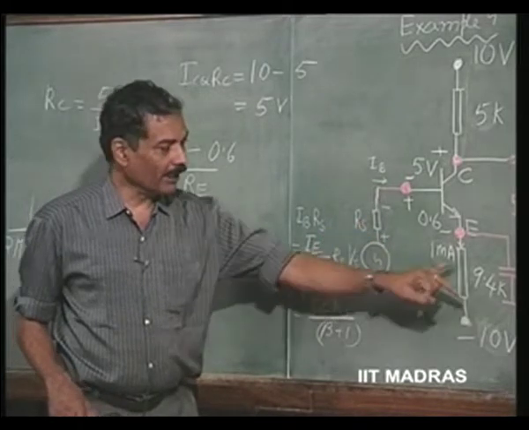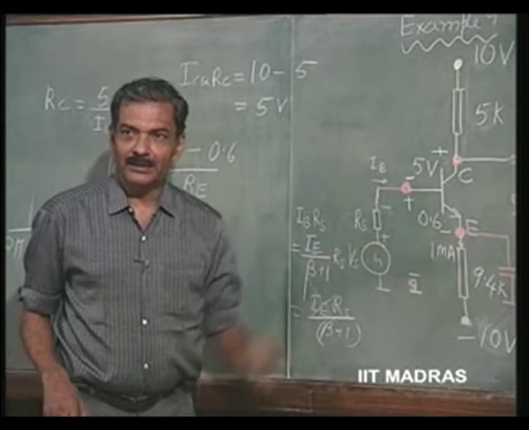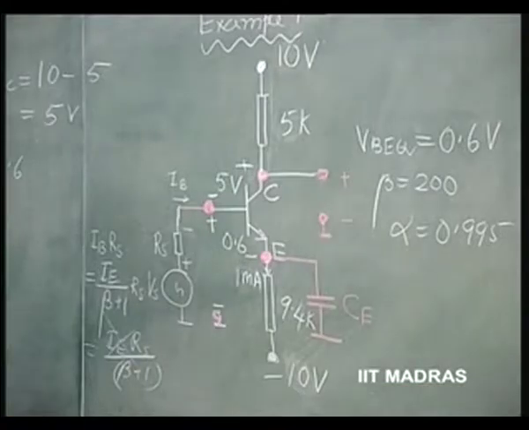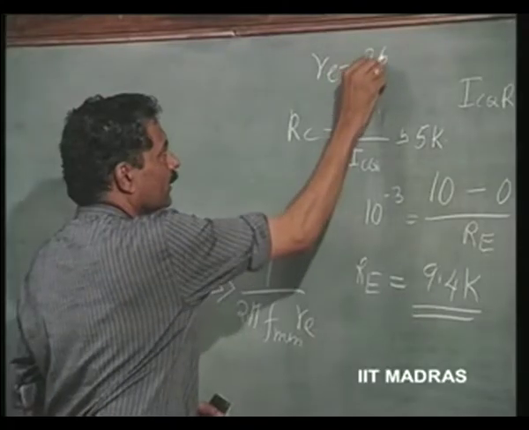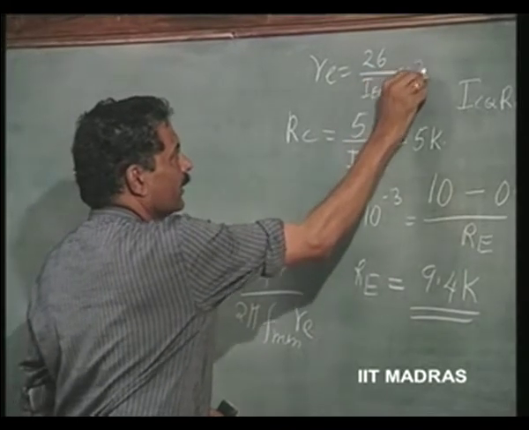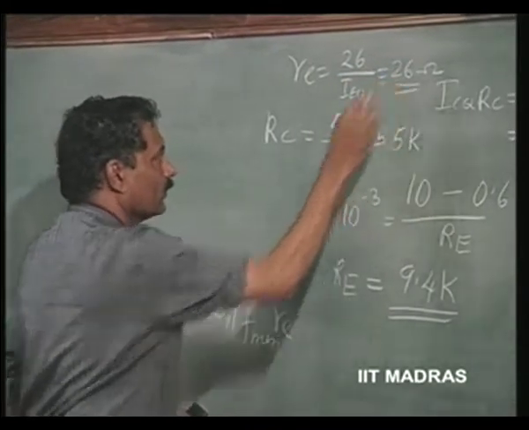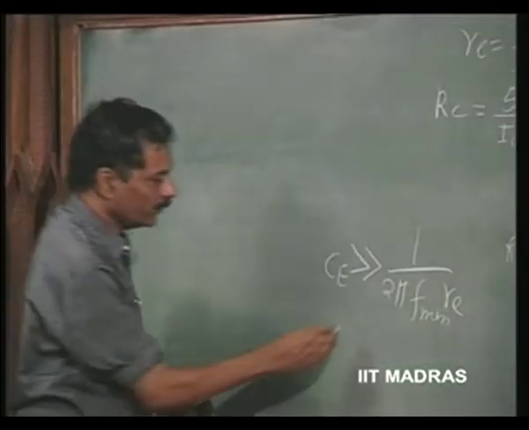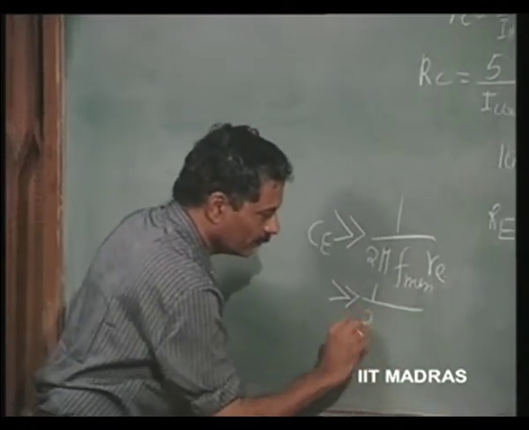Anyway, RE is going to be of the order of 26 ohms, because RE is 26 divided by IEQ, which is 1 milliampere. So it is equal to 26 ohms. So CE should be greater than 1 over 2 pi.